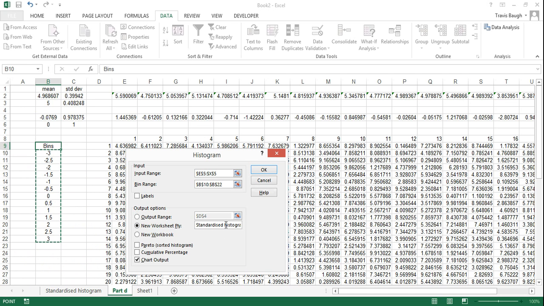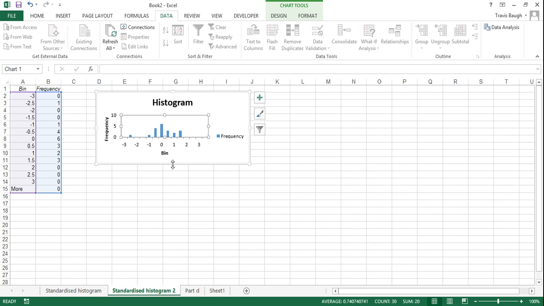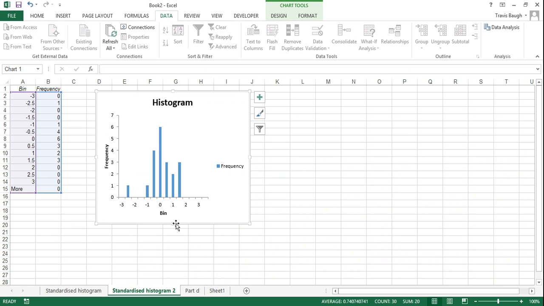I'll call this standardized histogram 2 and put it in a new sheet. Now let's see. Now, in theory, that should be looking like the standard normal distribution, but bear in mind that we've only selected 20 values from the distribution in coming up with this histogram.